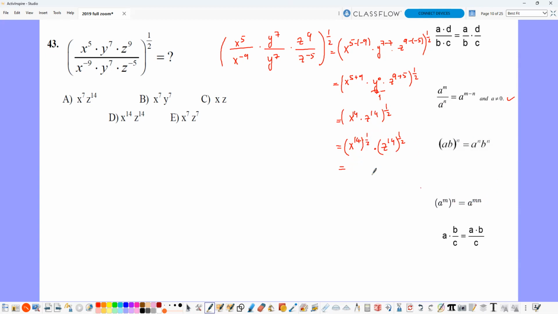Now we are applying this property: x to the power of 14 times 1 over 2, times z to the power of 14 times 1 over 2, which means that when you multiply an integer by a fraction, you multiply only the numerator, which is x to the power of 14 over 2 times z to the power of 14 over 2, which is equal to x to the power of 7 times z to the power of 7, which is E.